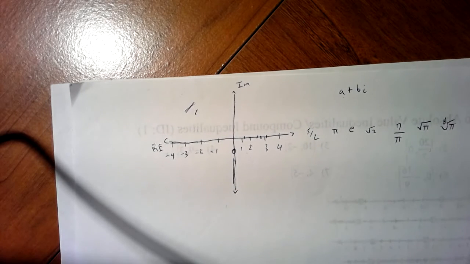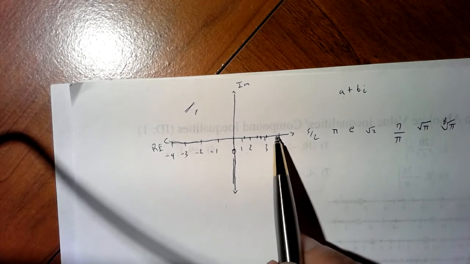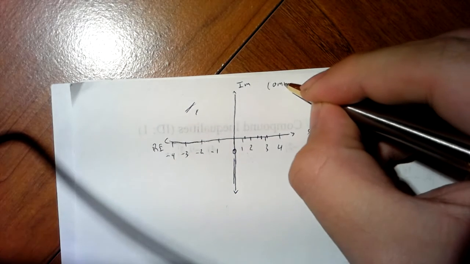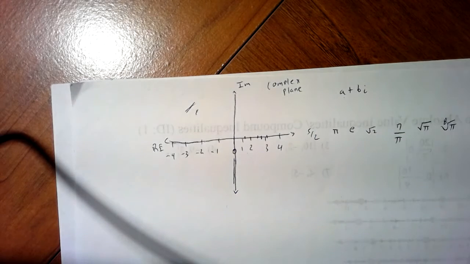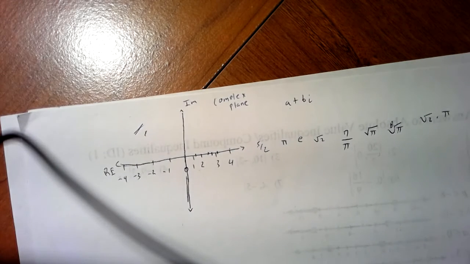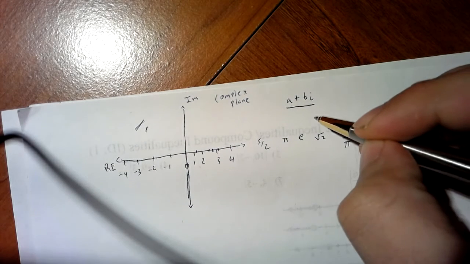So, one thing to notice is the set of real numbers are on that plane. They are on the complex plane. So that tells us that real numbers are technically considered complex numbers. Remember, I said complex numbers are numbers of the form a plus bi.